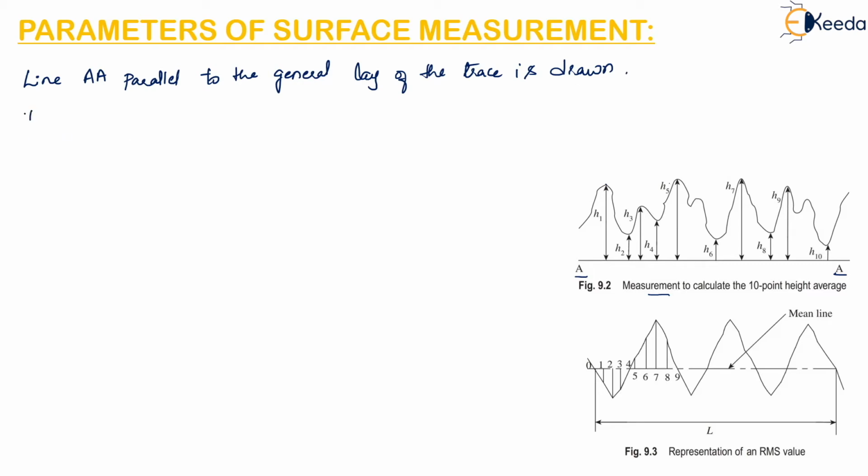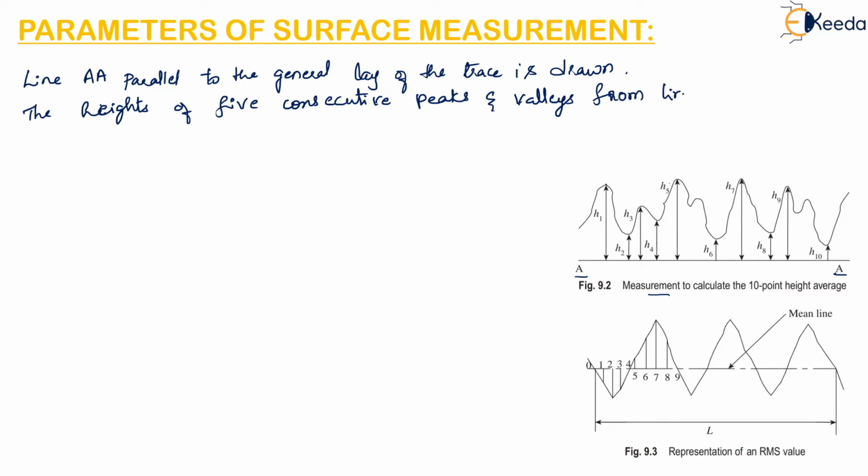The heights of 5 consecutive peaks, 1, 2, 3, 4 and 5, and valleys from line AA are noted.